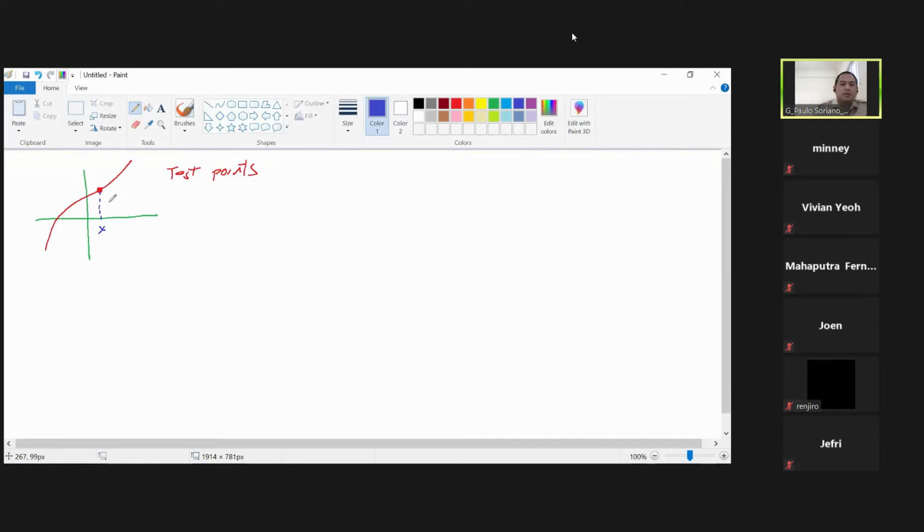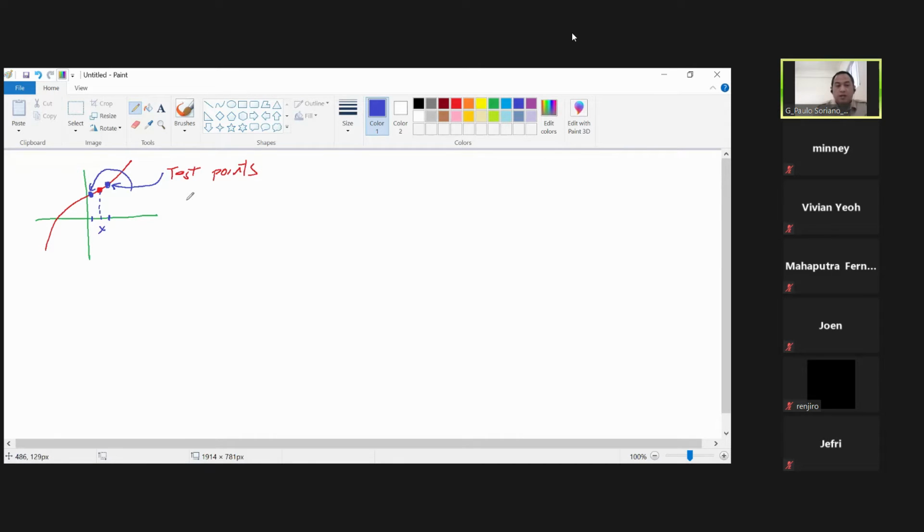If you get a point somewhere here, and then get another point somewhere here and test values, these blue things over here are now your test points. Using these two test points, you compare them.